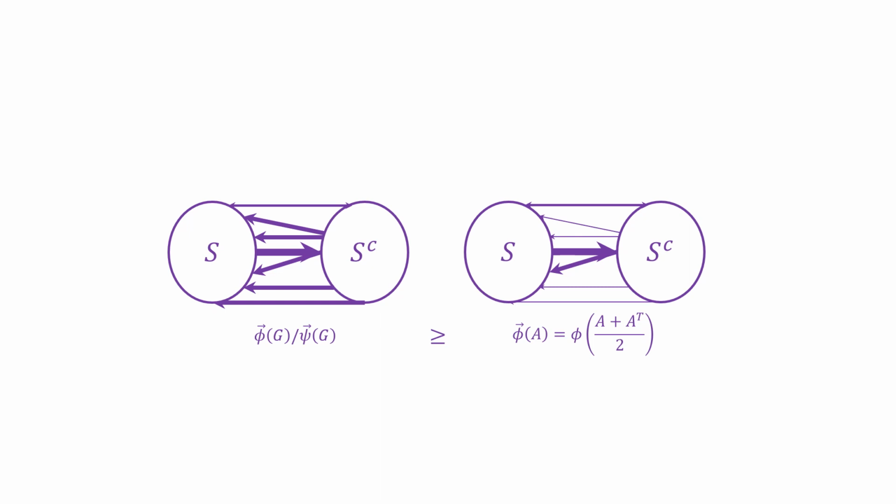And the second, more important reason is that for an Eulerian graph, you can consider its undirected counterpart, where you forget all the directions of the edges. And this operation wouldn't really affect the conductance of the graph.